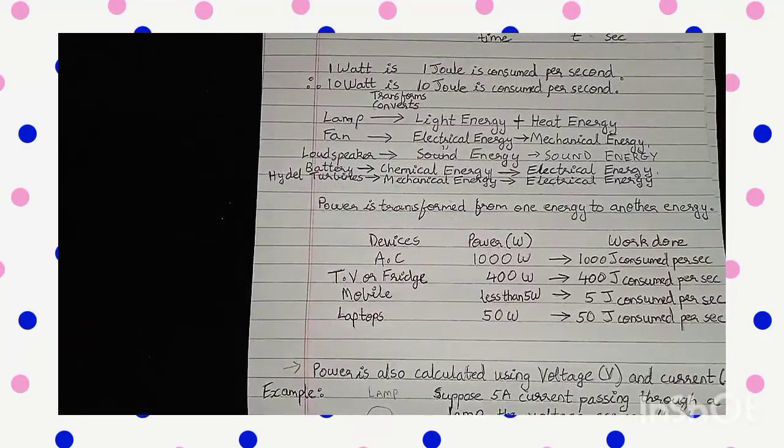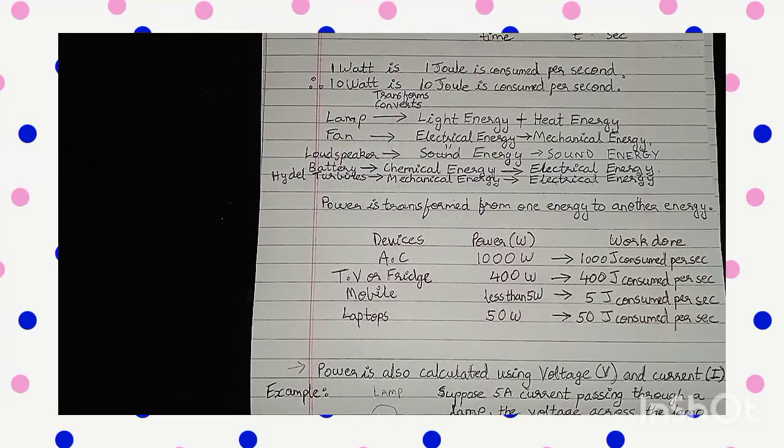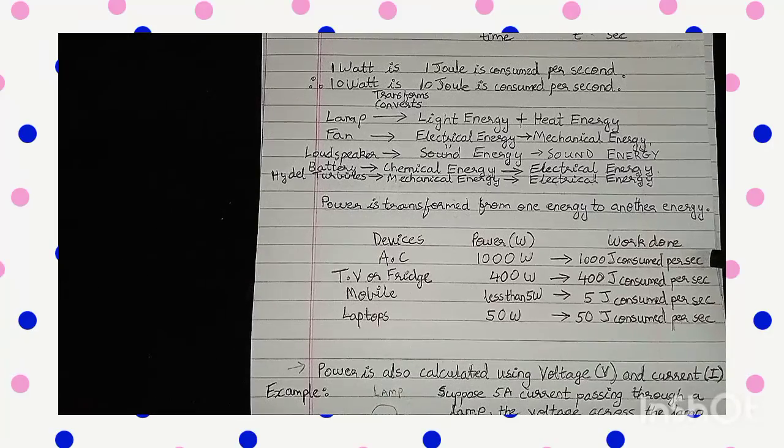Before calculating the power, we'll understand what basic devices utilize power. We have taken 4 examples. One is an AC, which for example consumes 1000 watt. What is the meaning of that? It means 1000 joules of work is done per second.